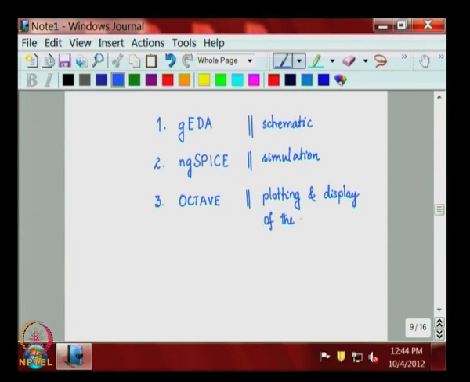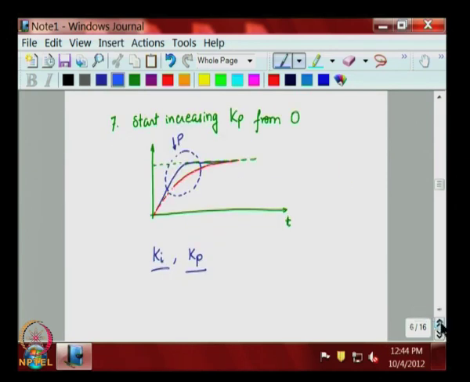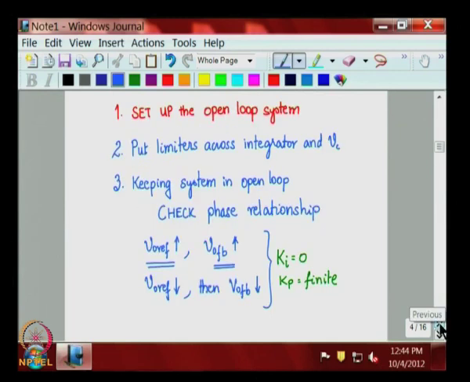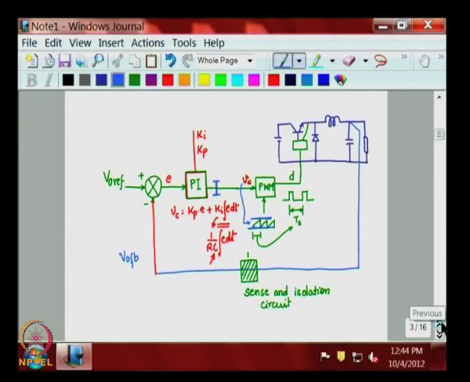So, let me demonstrate to you this. So, first let me enter the schematic in GEDA. The schematic will be something like this.